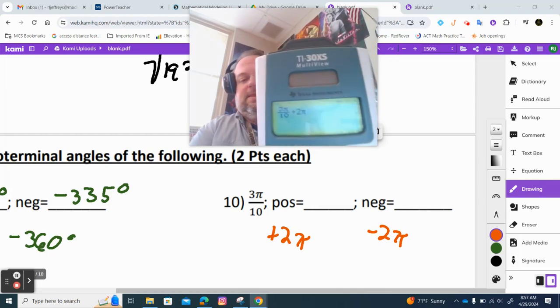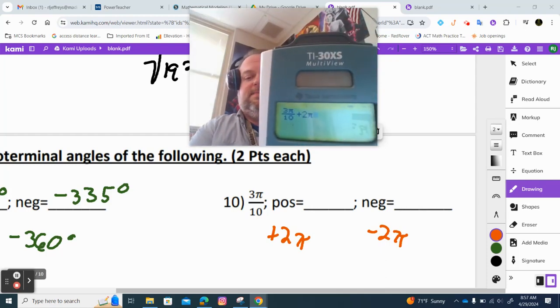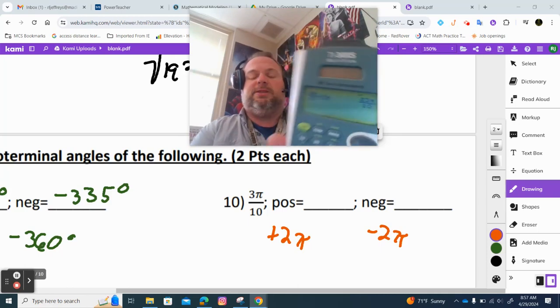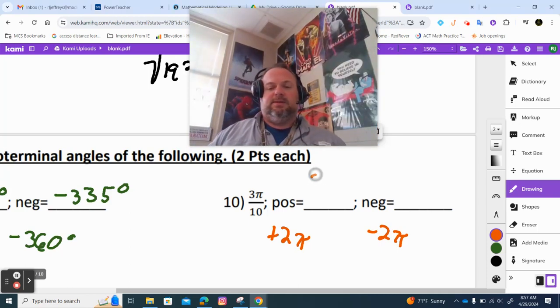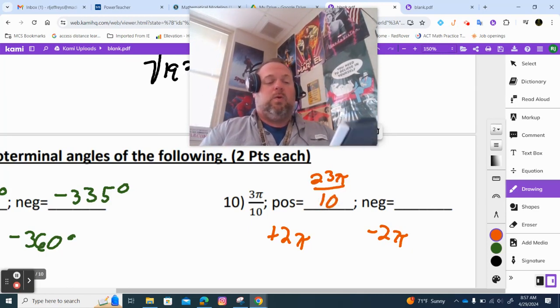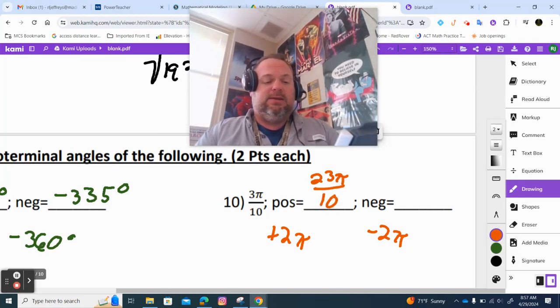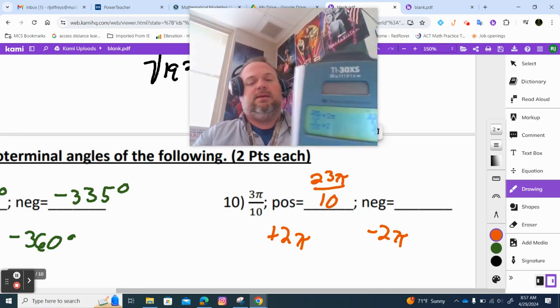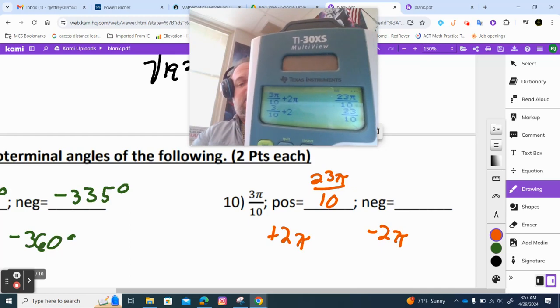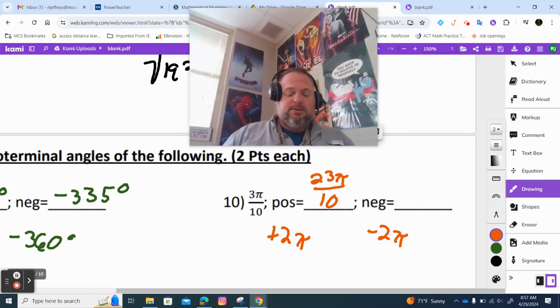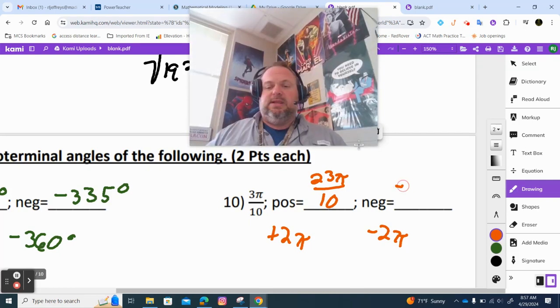You could do it like that. You get 23 pi over 10. Or you could do it the other way that we did and just add the pi in later. It doesn't matter. Minus 2. This would be negative 17 pi.